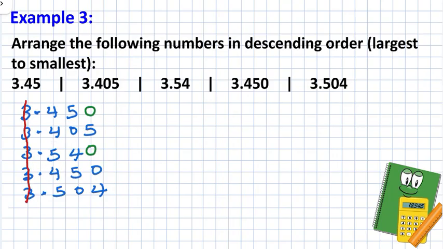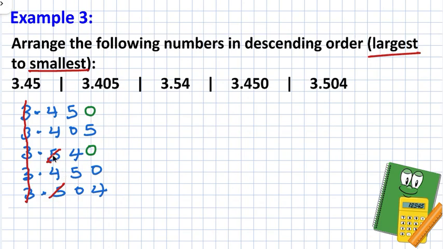So from here, if you look at this, we are arranging from the largest to the smallest. So we'll start from the biggest number. So obviously, in this set of next numbers, 5 and 5 are the biggest. But if you look at this 5 and this 5, we want to know which of them is the biggest.